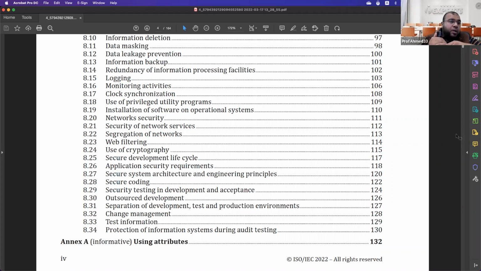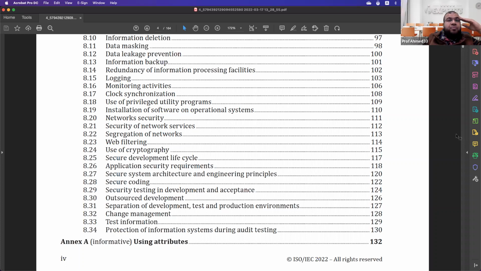Security testing in development and acceptance, outsourced development, separation of development, testing, and production, something basic here. Change management, test information, protection of information assets during audit testing.